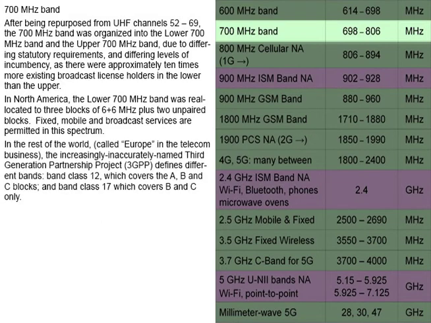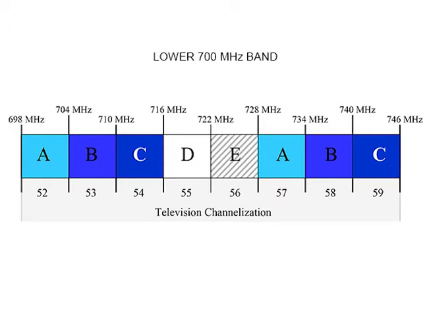In the rest of the world, which as we said is called Europe in the telecom business, the increasingly inaccurately named Third Generation Partnership Project, 3GPP, defines different bands. Band class 12, which covers the A, B, and C blocks, and band class 17, which covers B and C only.